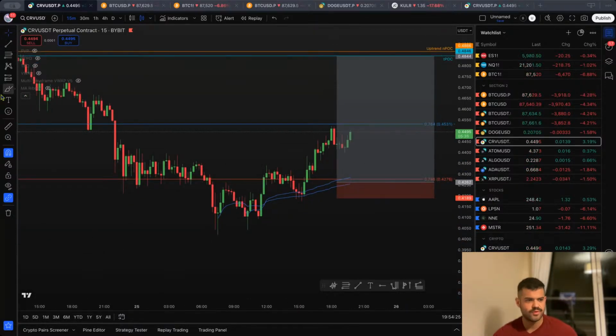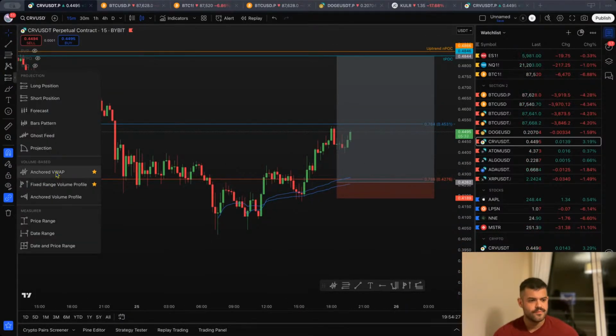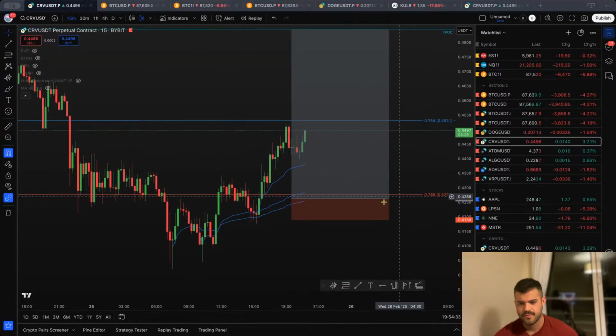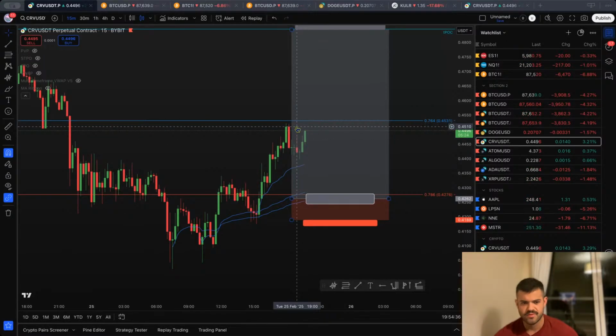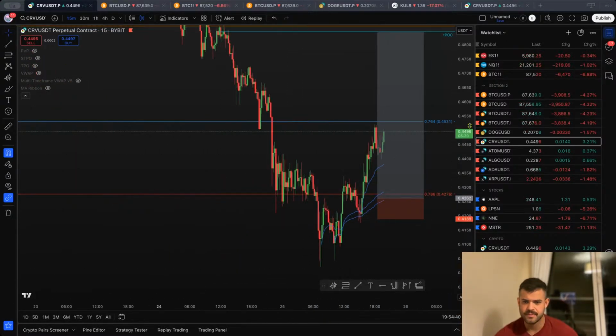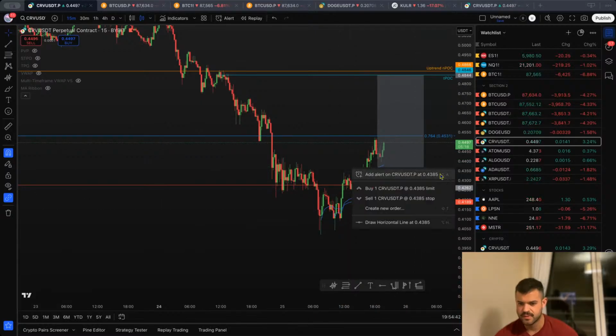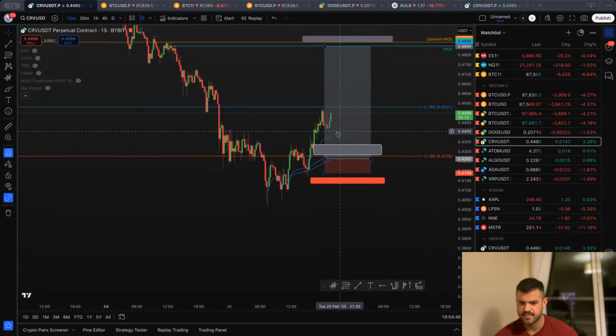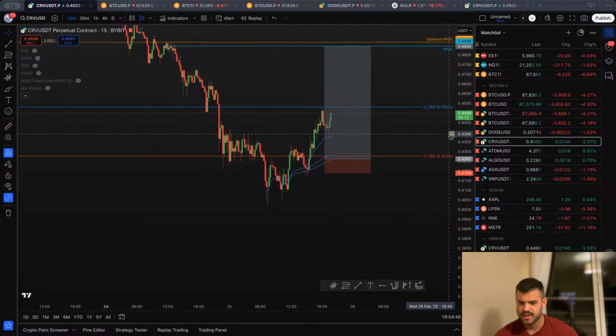Okay, it's not out of the woods yet. There's some liquidity here. So we'll probably want to take that and then come back down into this sort of area. I'll measure it out anyway if we get there.